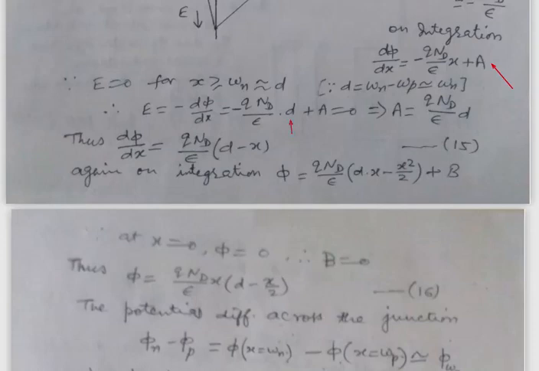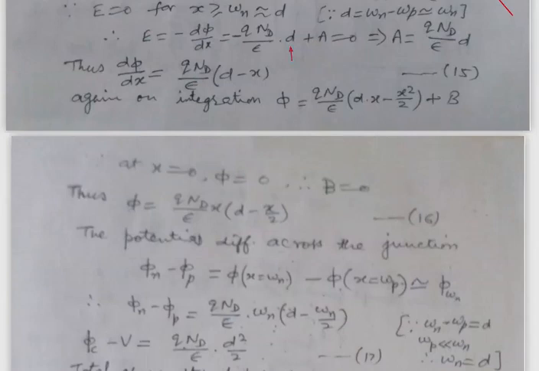Now again integration with respect to x. This will give us the expression for the potential phi with constant of integration b. To compute the value of b, again we put the value of x equal to 0, at which the potential phi is given by 0. So this will give us the value of b equal to 0. So finally this will give us the value of phi equal to Q Nd into x upon epsilon into d minus x by 2.